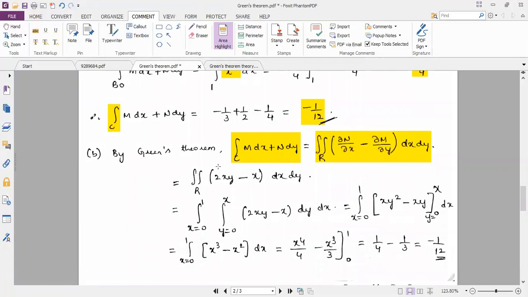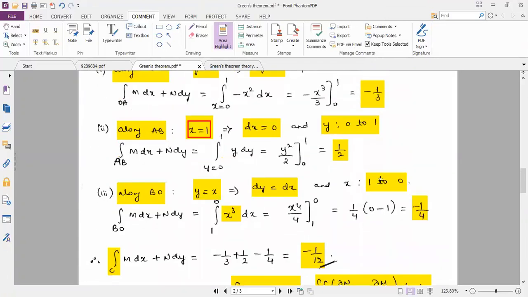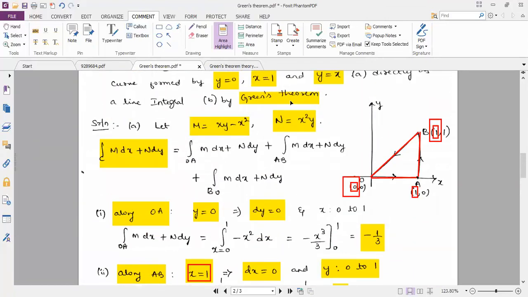Let us evaluate the double integral over R, finding the partial derivatives dou n by dou x minus dou m by dou y. We have already written the values of m and n: m is xy minus x square and n is x square y. So dou n by dou x, partial differentiation with respect to x, is 2x keeping y constant, so 2xy.